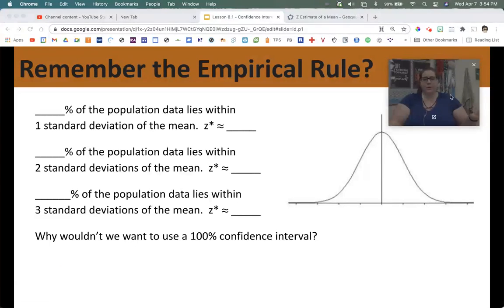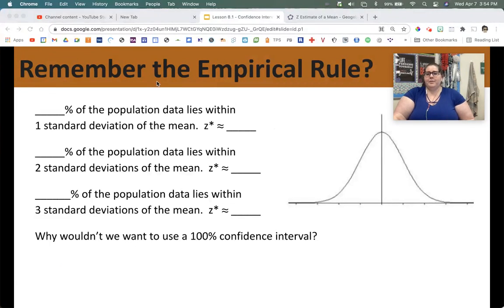So this is going to be real quick, going back to the empirical rule in chapter 7. We learned that 68% of the population data lies within one standard deviation of the mean. 95% of the population data lies within two standard deviations of the mean. 99.7% of the population data falls within three standard deviations of the mean.